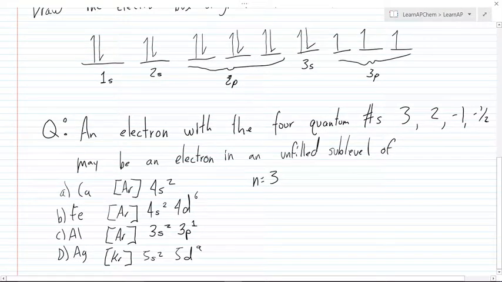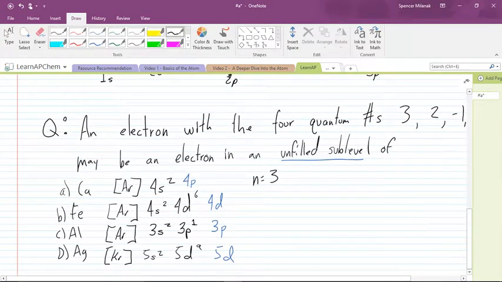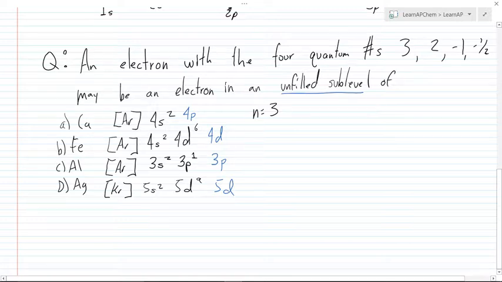So our unfilled sublevels, here is 4p, here is 4d, this is 3p, and this one is 5d. Now here, the only one with n equals 3 in our unfilled sublevel is aluminum right here. So that would be our answer.